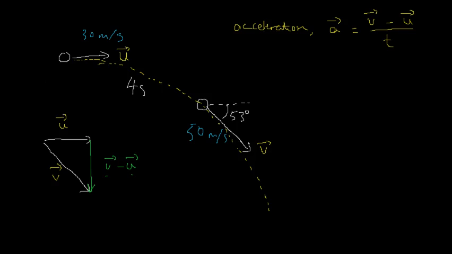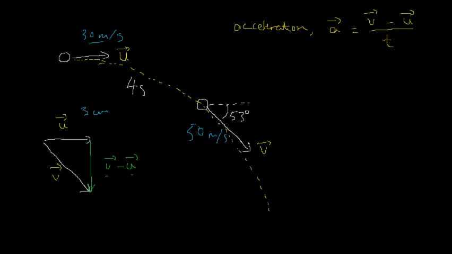We have seen a few ways of doing this, but now if I just think about doing it by geometry, by actually taking out our ruler and protractor and measuring this out and drawing a picture, I can imagine drawing a horizontal line for u, with a length of 3 centimeters, say for the 30 meters per second.